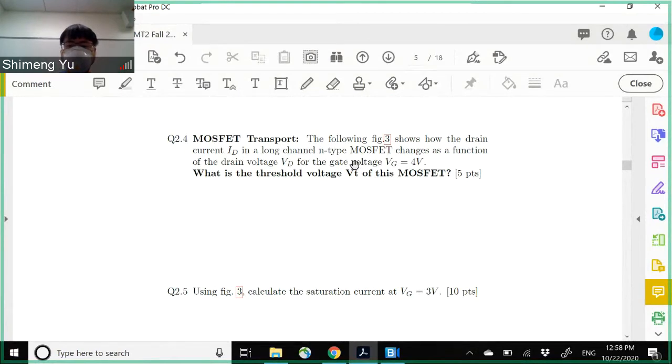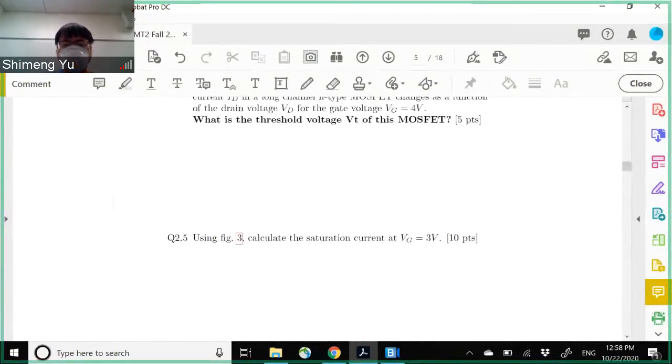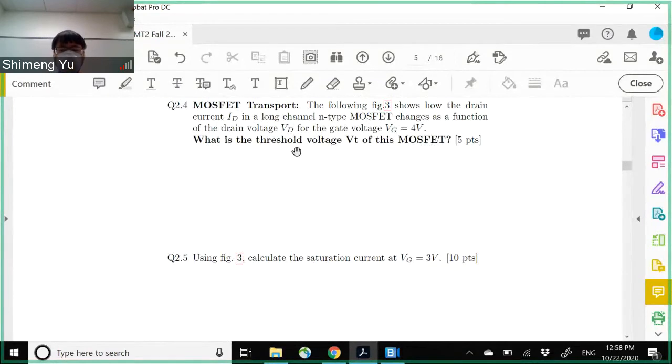So here ID versus Vd is measured when the Vg is 4 volts. Then the question is, what is the threshold voltage? If you use this ID-VD, you can also determine the threshold voltage.